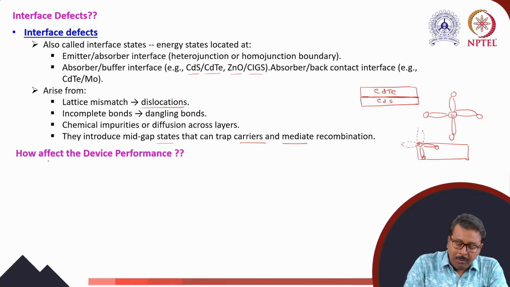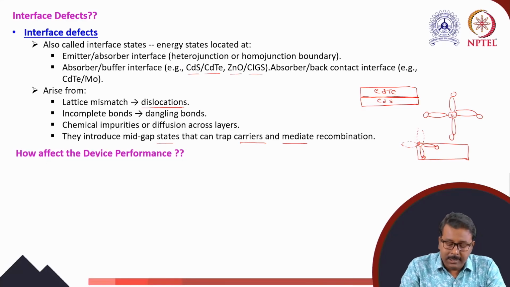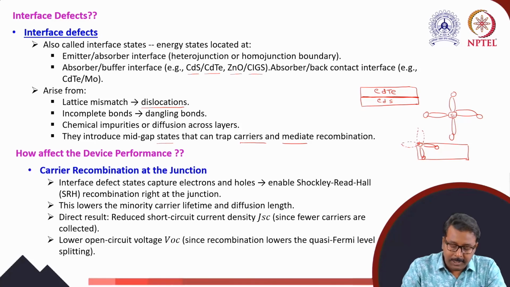Now, how do these interface states affect the device performance? First of all, recombination. Because Shockley-Read recombination we have discussed, you have seen that if there are more and more interface states, there is a chance of more and more recombination, and carrier loss due to recombination will be more in that case also.